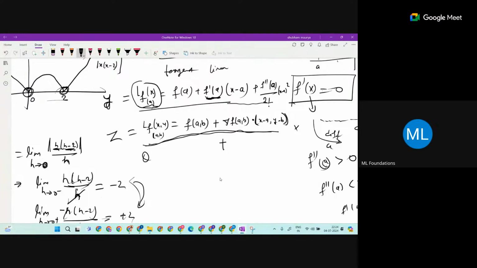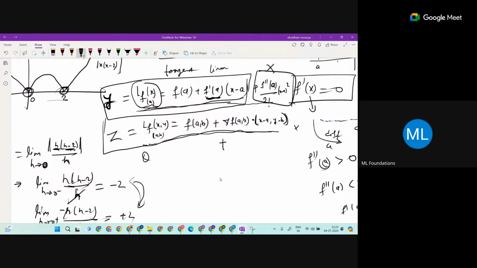That means we need x and y, that means y equal to this. You can remove this quadratic part and keep this. This represents your tangent line. And the tangent plane is z equal to the right side of the linear approximation. That is going to be the tangent plane.